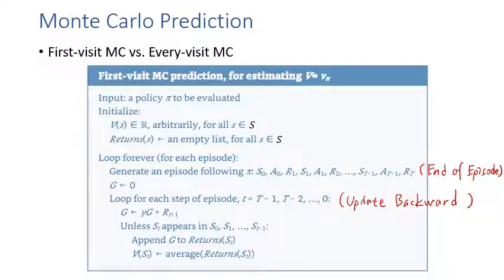If we find the state is the first occurrence in our trajectory, then we append the return to the list. Then finally we average the returns as our value function. So this is the Monte Carlo prediction algorithm.